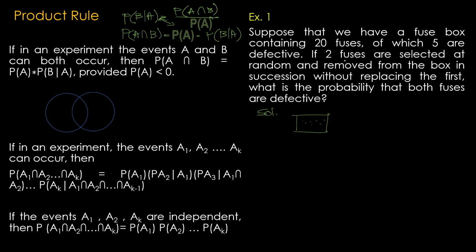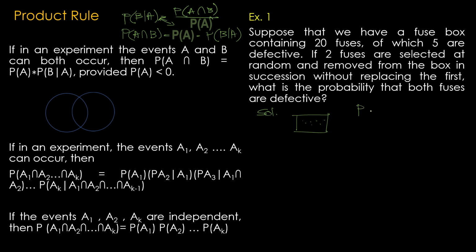I may be wrong. If we are to solve this problem, we know the number of defective fuses is 5 out of 20. Because we have 2 fuses to be drawn in succession, in the first draw we know that there are 5 defective fuses among 20 fuses.